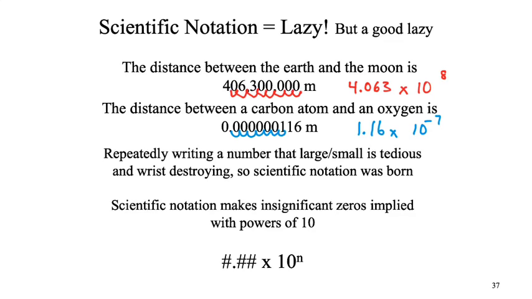Yes? How do you know where to put the decimal point? This is your paycheck. How much did I pay you? 1,000 something. How much did I pay you? 10,000. How much did I pay you? Okay. Where's the decimal point? Wasn't specified in any of that, and yet what did you do?